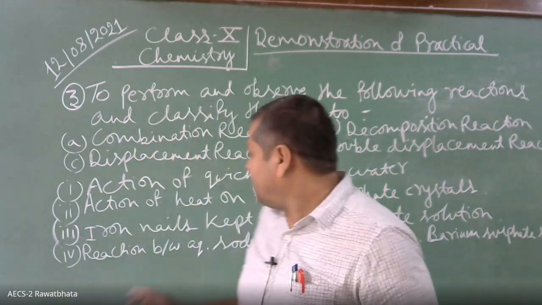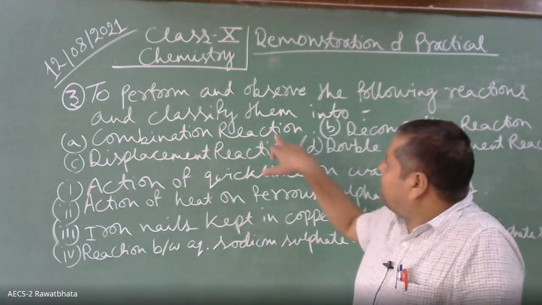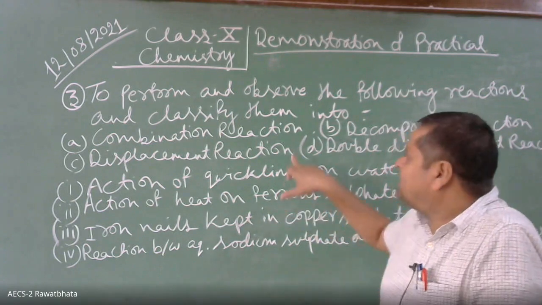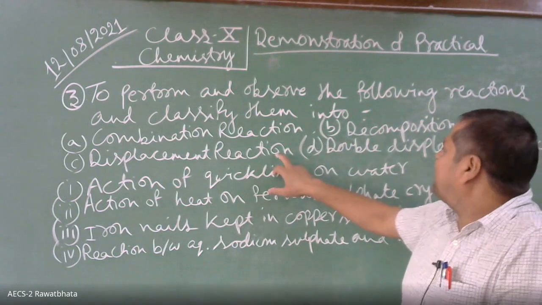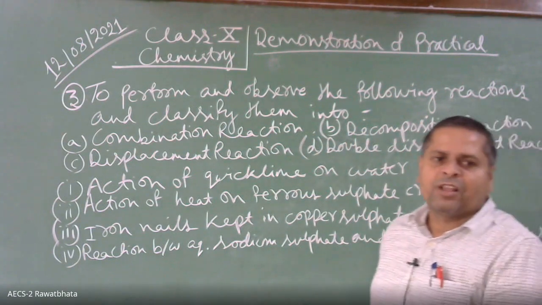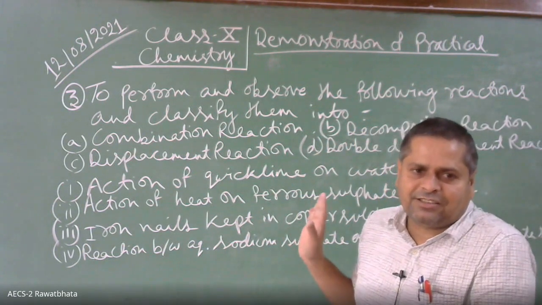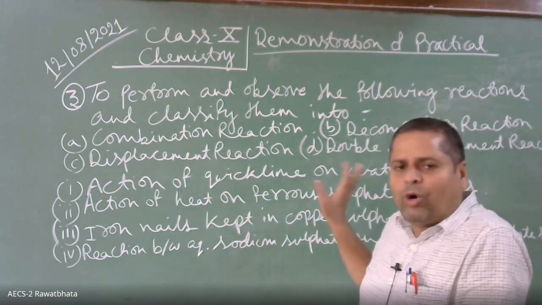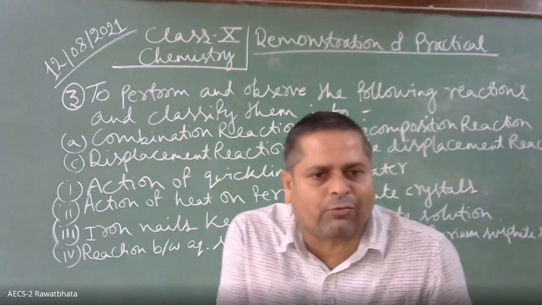We have to classify the reactions as combination, decomposition, displacement, and double displacement reactions. The first chemical reaction that we are going to perform is action of quicklime on water.